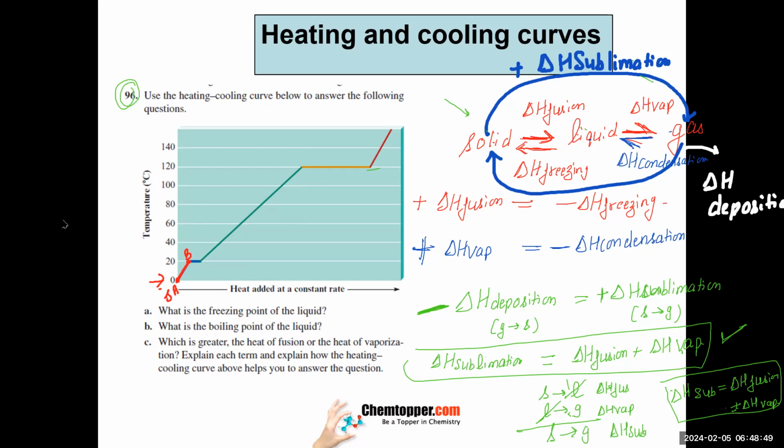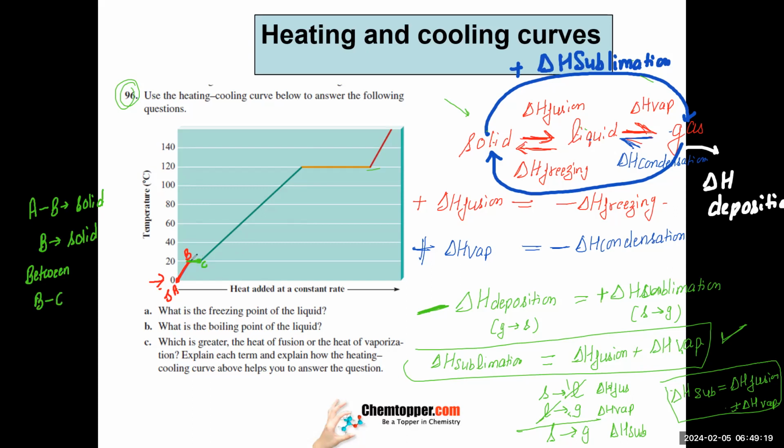But if somebody asks you what is the state between B and C, A to B is solid. B is also solid. Melting has not started. But between B to C, what is it?